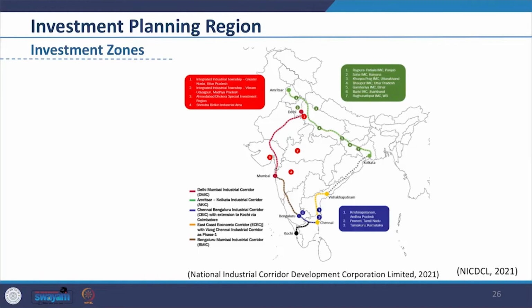Now, we will look into the investment planning region. Government of India has started the process of developing investment zones across the country. As we had seen in the beginning, the DMIC, Chennai Bangalore Economic Corridor and Bangalore Mumbai Economic Corridor are examples of such efforts.